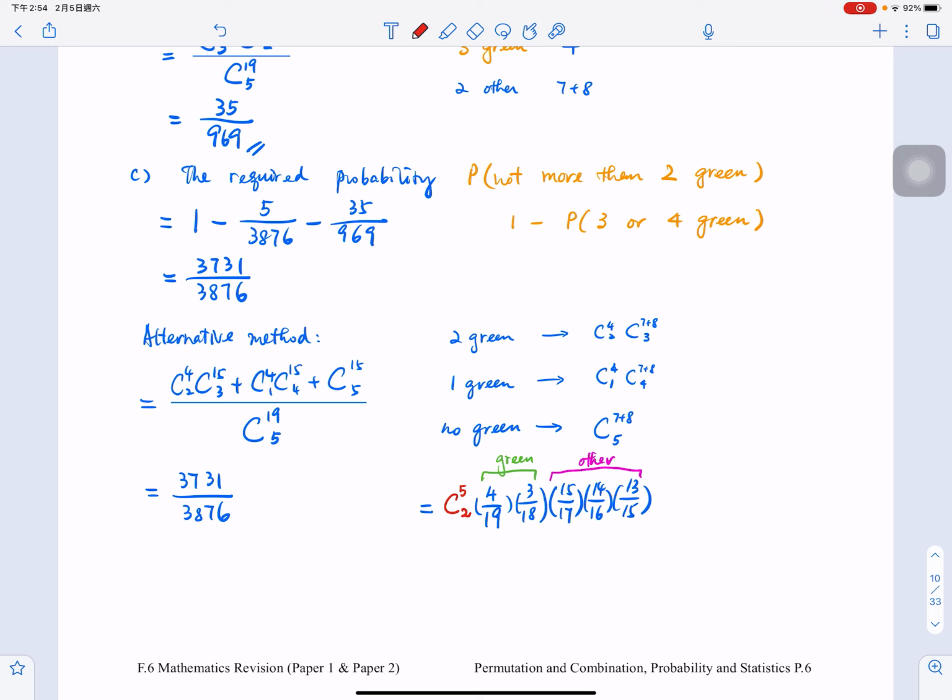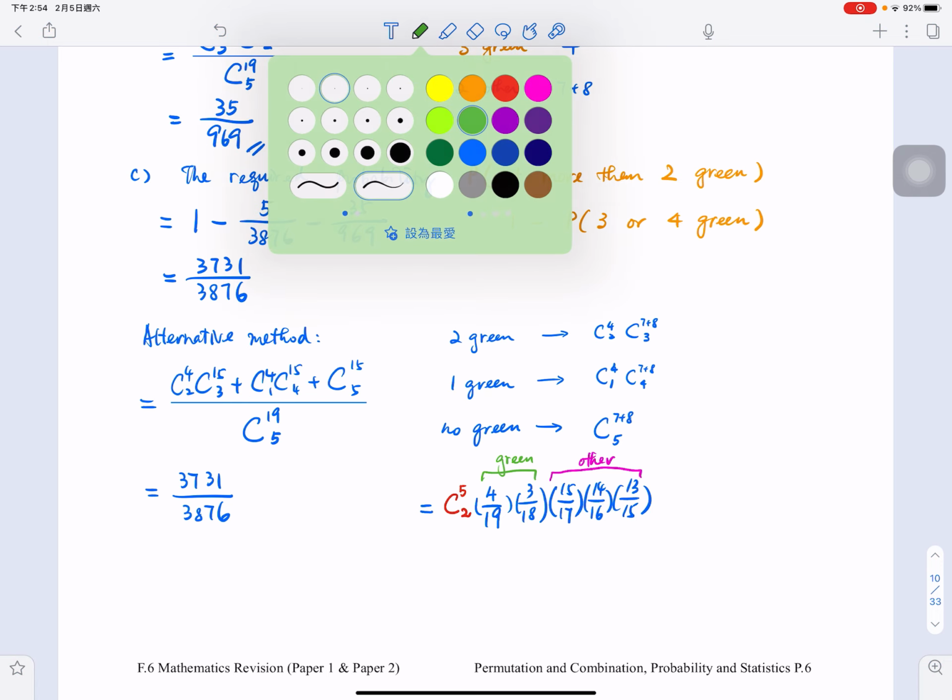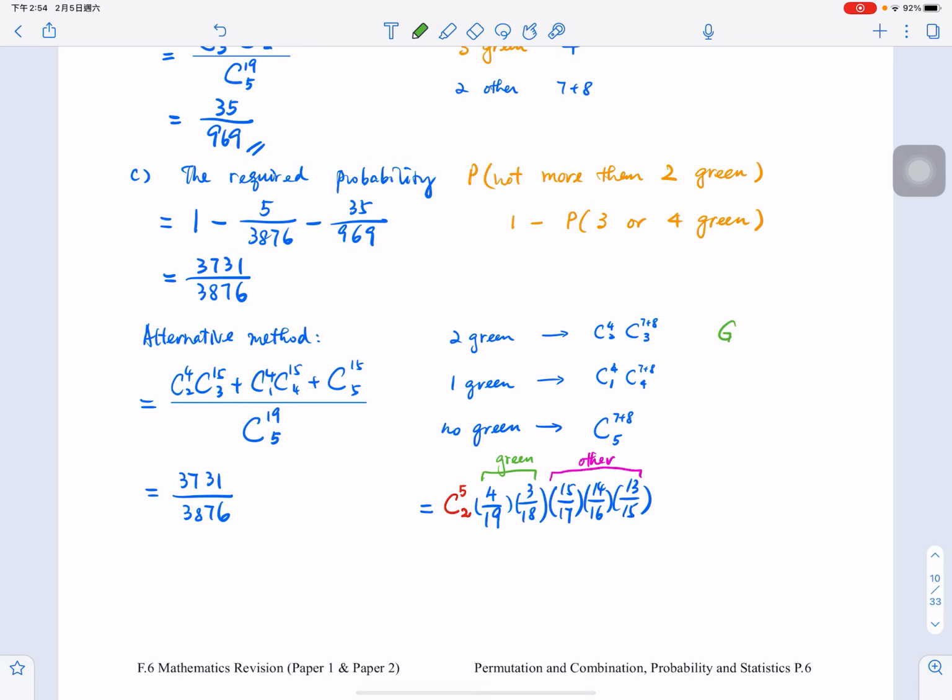That means the cases of 2 green and others. Maybe green, green, other, other, other; green, other, green, other, other; and so on.